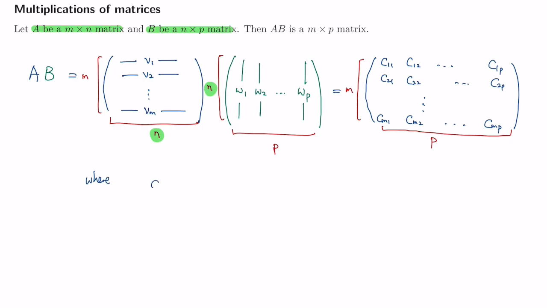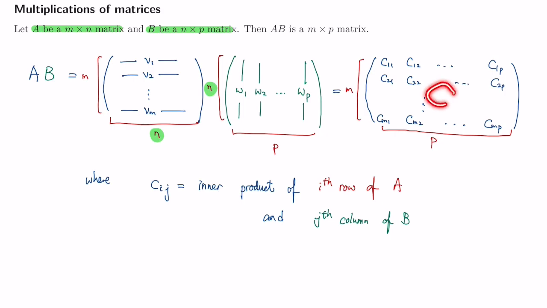Well, the Cij entry is really just the inner product of the ith row of A and the jth column of B. So how do I get, in general, a Cij entry in the middle?